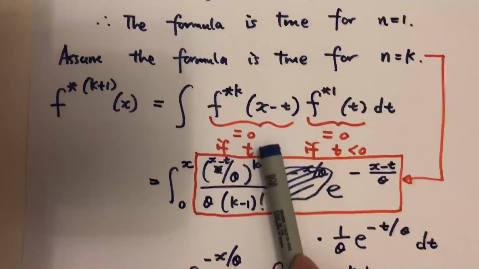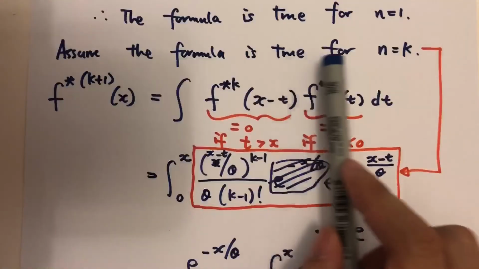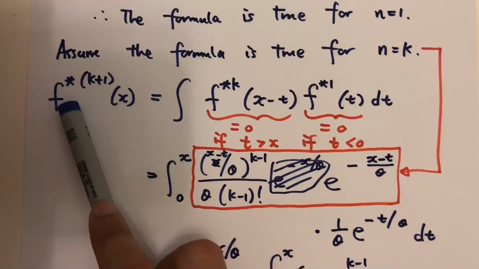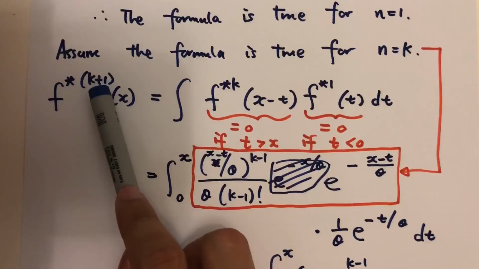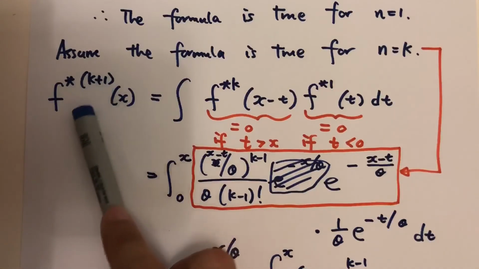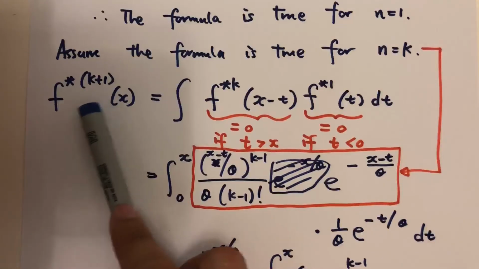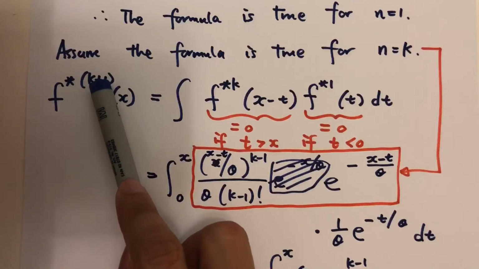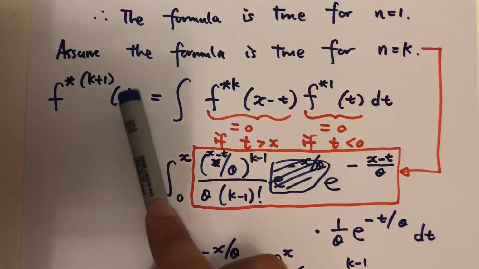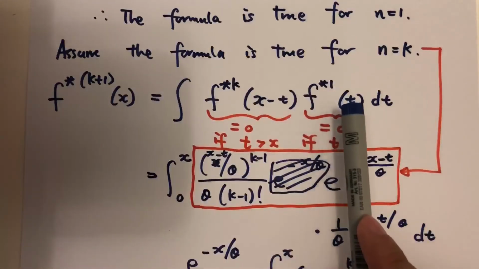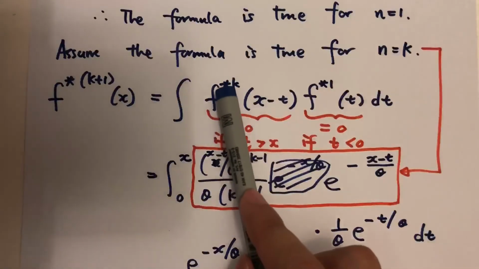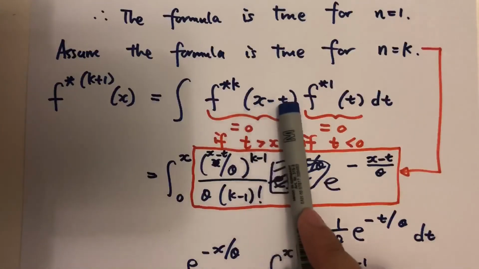Now to apply induction, suppose the formula is also true for n equals k, and then we look at f star k plus 1. This is the density of a sum of k plus 1 IID copies of X. Using our formula, if the sum of these k plus 1 copies equals x, and one of them is t, then the sum of the rest must equal x minus t.